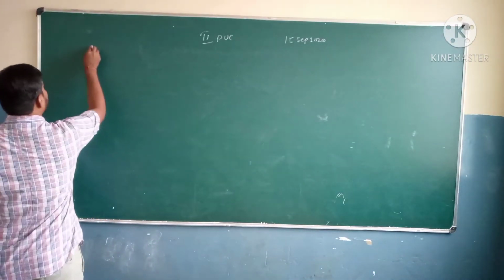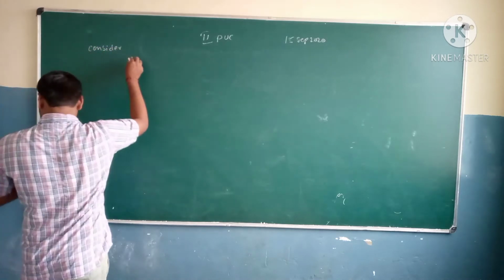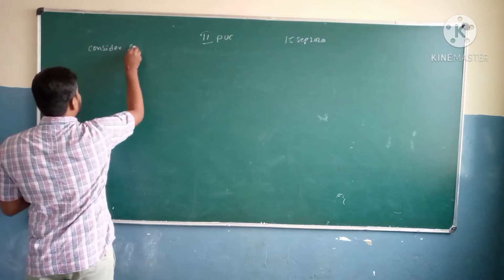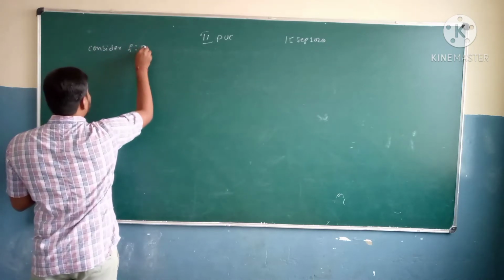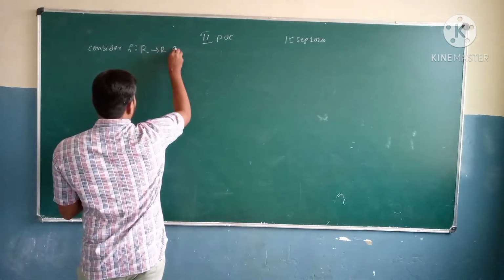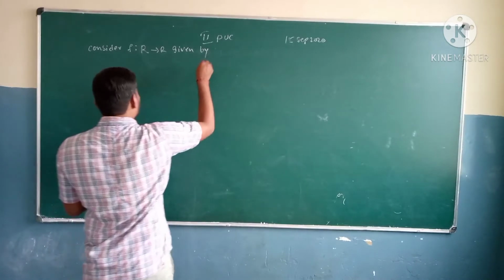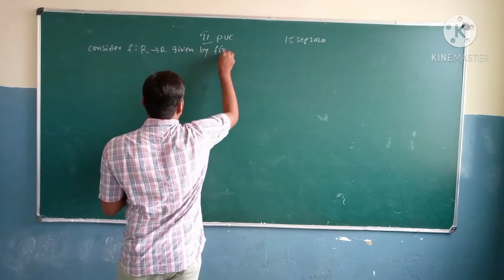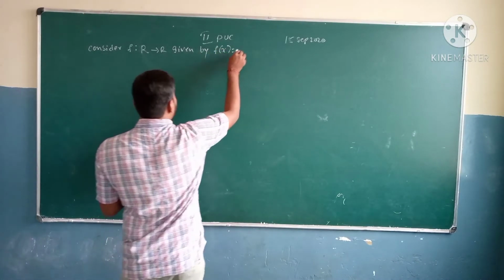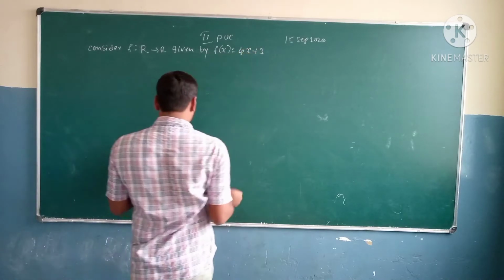Consider f from R to R given by f of x is equal to 4x plus 3.